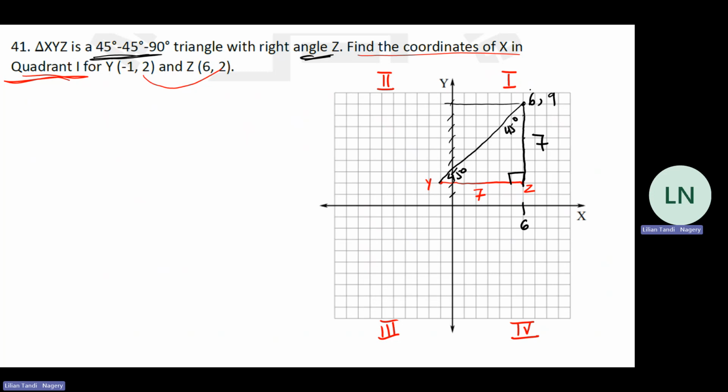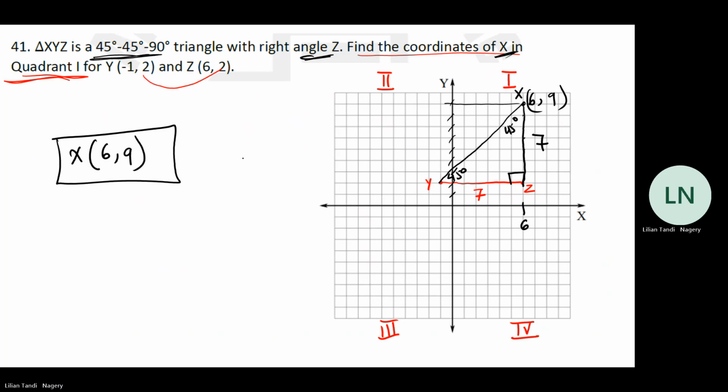So 6, 9. And then we label that X, because the question told me to find X. And they said my answer has to be in quadrant 1. There, my answer is in quadrant 1. So this point is point X. We write here X is (6, 9), and box our answer. Okay? All right, so let's move on.